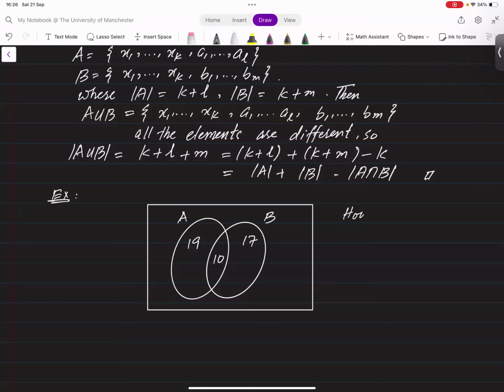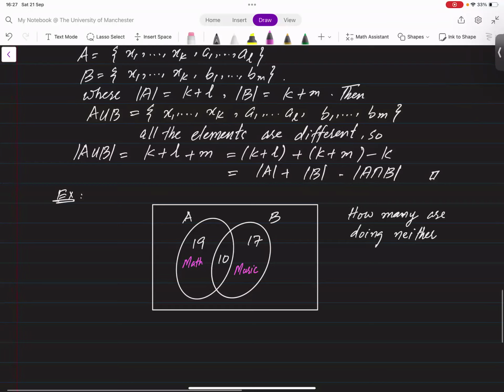Ask the question, how many are doing neither? So these are doing maths, music, and these are doing both.